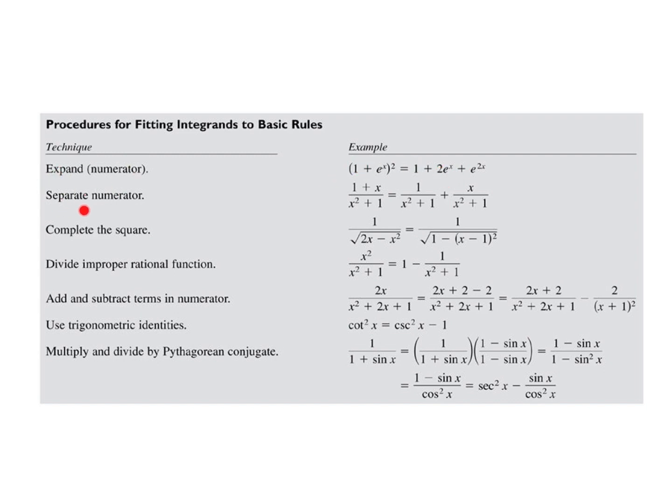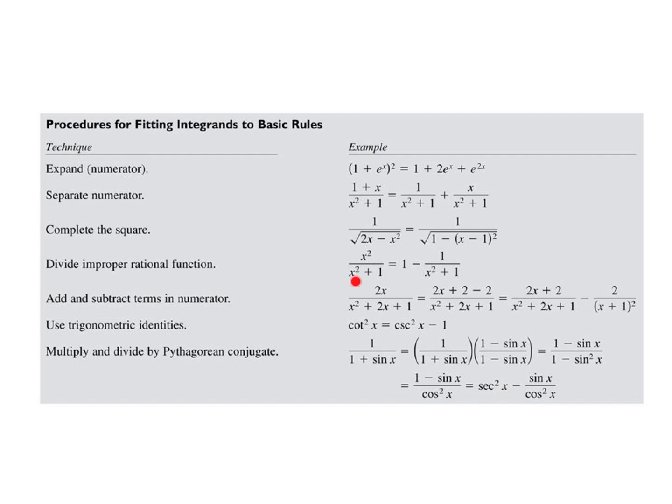Another technique could be separating a numerator, so taking a single fraction and writing it as 2 or more. Another one, which we will do today, is actually completing the square, typically within our denominator, to fit one of our inverse trig functions, our derivative rules for that. So again, kind of manipulating the original formula to fit a pattern where then we can use U-sub to help us.